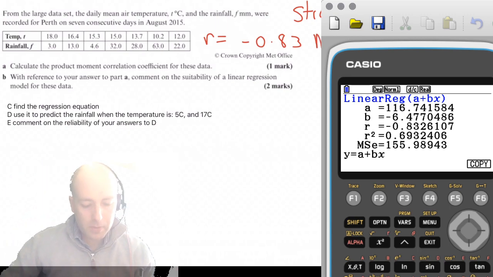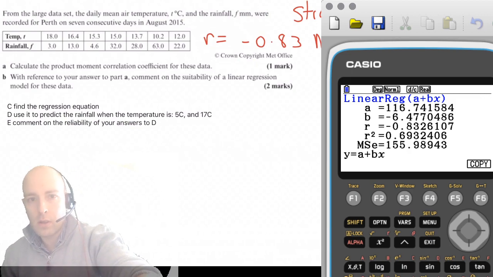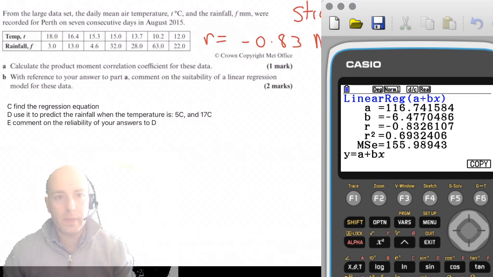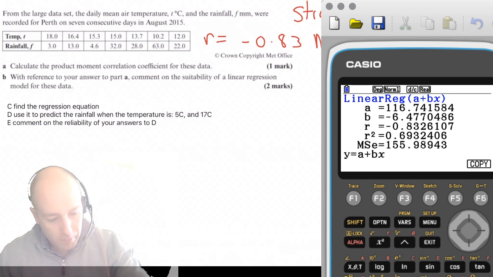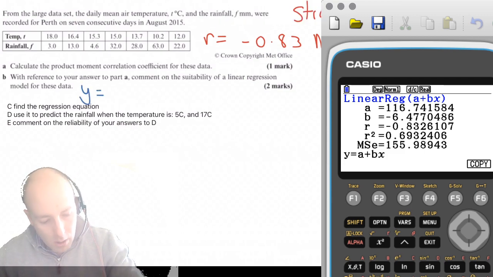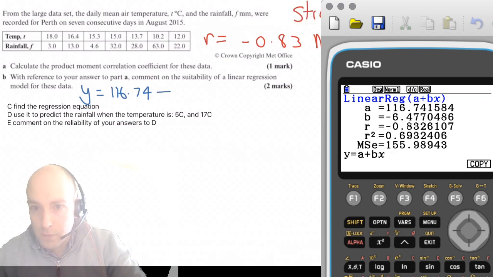So with reference, comment on the suitability. It's strong correlation, therefore the linear model is valid. So if I write down our linear model, y equals 116.74 minus 6.48x.